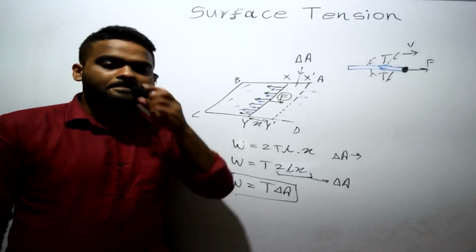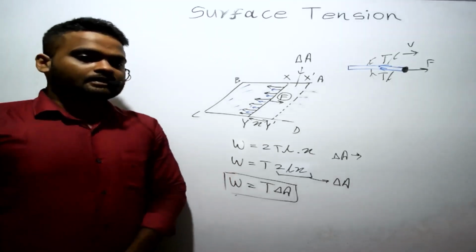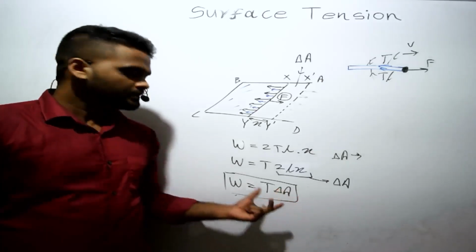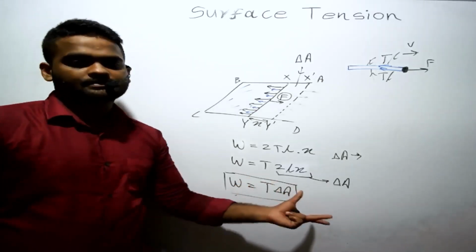So T times delta A, or area. In this way, you can find the energy.